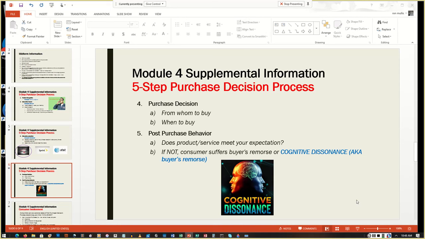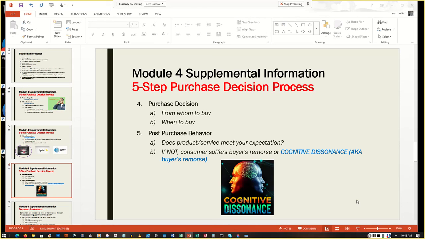After the customer purchases the product, they must determine whether or not the product meets, exceeds, or does not meet their expectations. Sometimes customers are dissatisfied, and when they are, the marketer has to analyze where the dissatisfaction is coming from. The marketing department must decide if the customer's expectations were too high, or if maybe the marketing or advertising overpromised the product's features or oversold the brand.